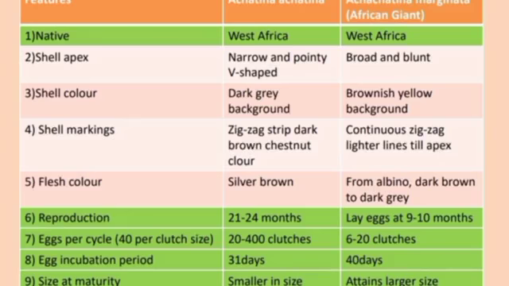So the flesh color in Achatina marginata, that is African giant snail, is darker, aside from the albino, compared to the flesh color in Achatina achatina.